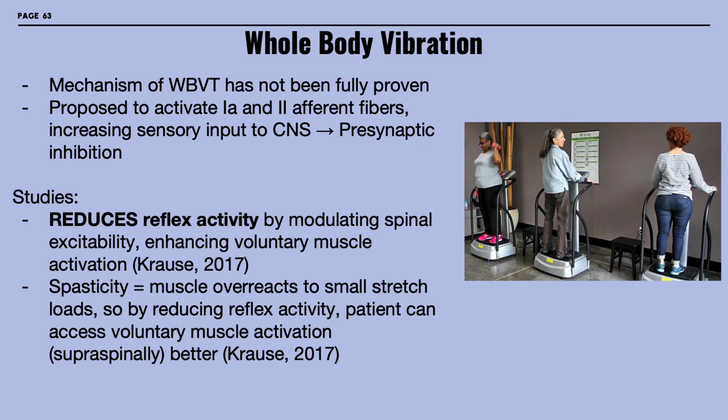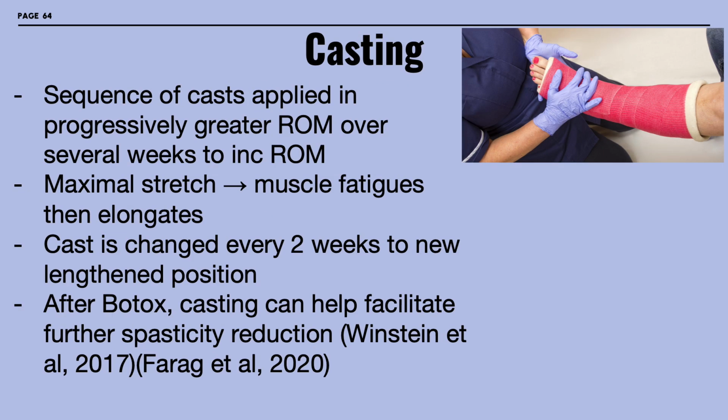Studies have shown that it reduces that reflex activity by modulating spinal excitability, enhancing voluntary selective muscle activation. So with spasticity, the muscle does overreact to a small stretch. So by reducing that reflex activity, the patient can access voluntary muscle activation supraspinally better.